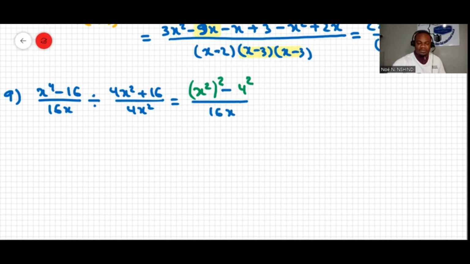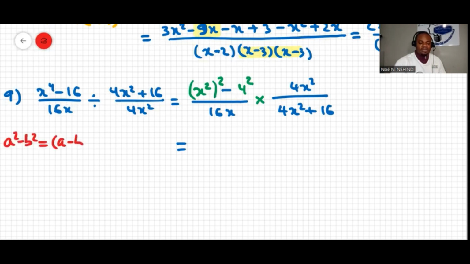The division sign here can be turned into a multiplication operation, and when we do that, we must switch the fraction. The numerator will become the denominator. So 4x squared plus 16 goes there first. Then at the numerator we can apply the difference of 2 squares. Remember the formula says a squared minus b squared is equal to a minus b times a plus b.